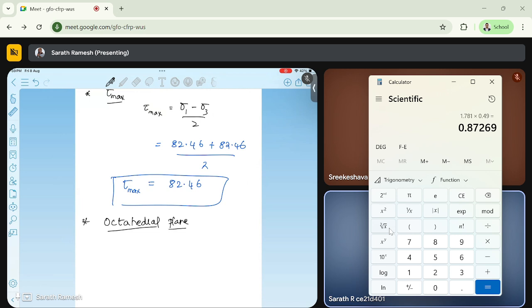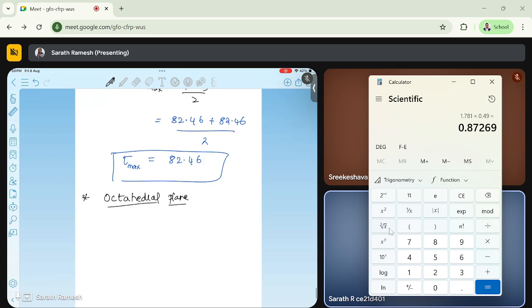What is the normal stress on the octahedral plane? What is the shear stress? Now, the octahedral plane is nothing but the plane whose normal makes equal angles with respect to the principal directions. For example, this normal is given by 1 by root 3 n1 plus or minus n2 plus or minus n3. This is the octahedral plane.